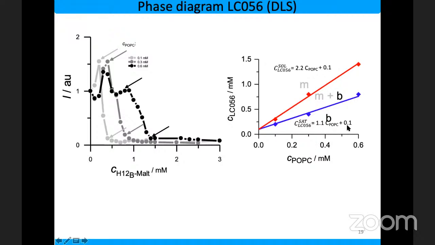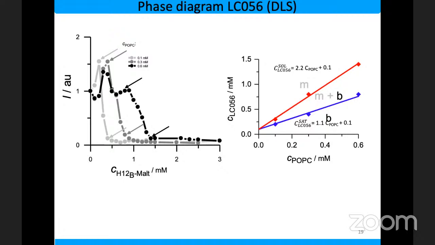The intercept is the concentration of the surfactant monomers, and the slope at this point is the minimum surfactant-lipid ratio required for onset of solubilization. Then when it passes through the coexistence stage, you have the minimum surfactant-lipid ratio that is required for complete solubilization to occur.